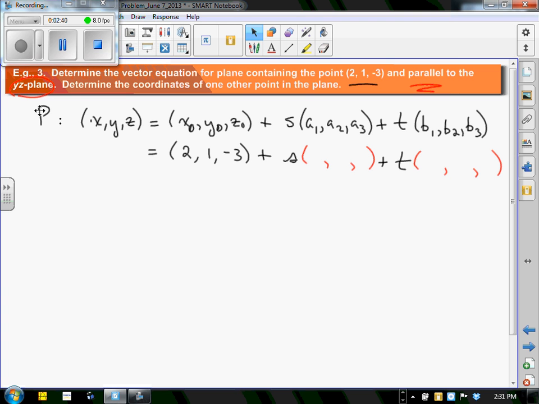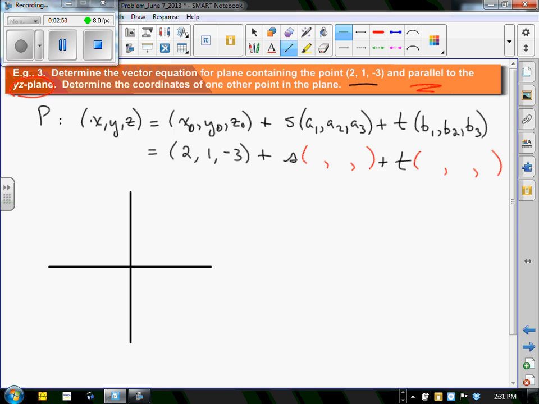So what I thought we might want to try, which works better with technology, is to prepare a sketch. So here's our YZ plane. Okay, I'm just going to label that as YZ.